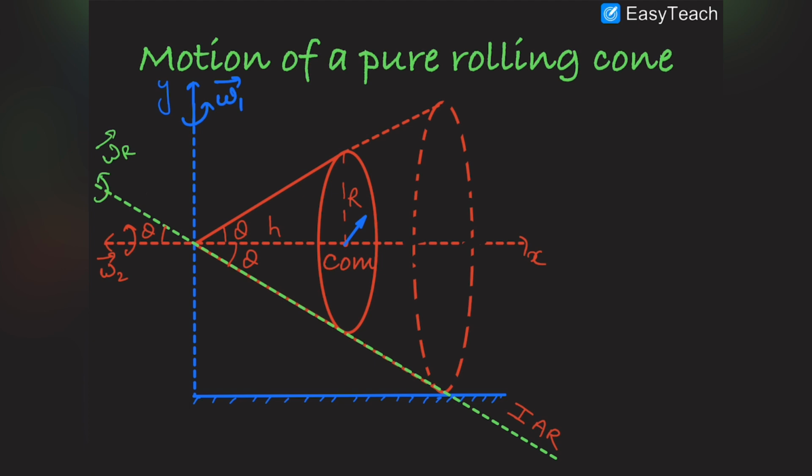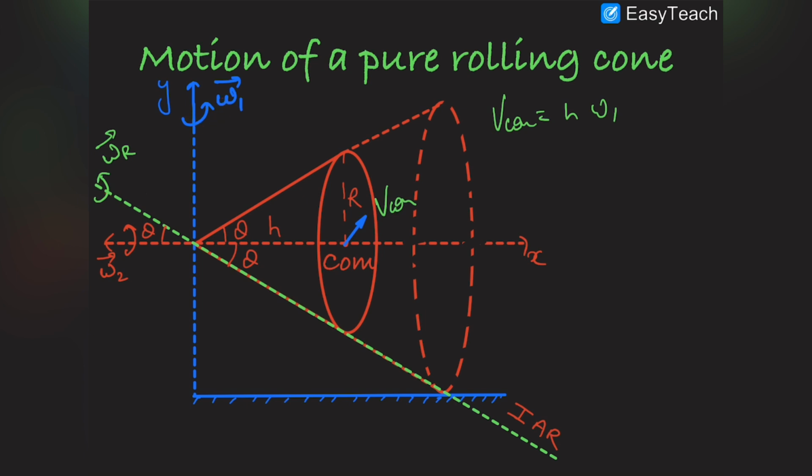Now we can prove why we are taking this as IAR. We can write that VCOM is equal to h omega 1, where h is the perpendicular distance of the center of mass from this axis and omega 1 is the angular velocity.